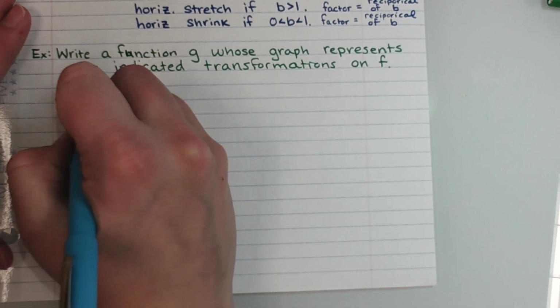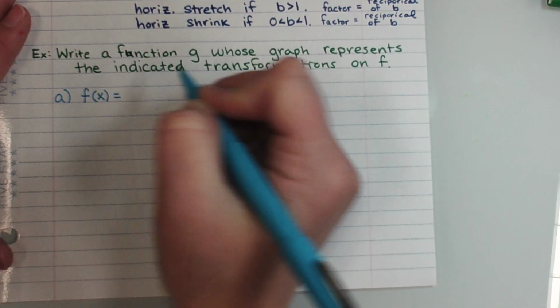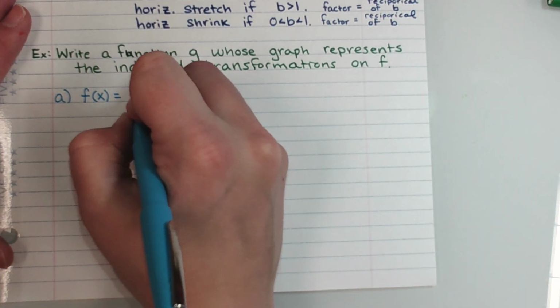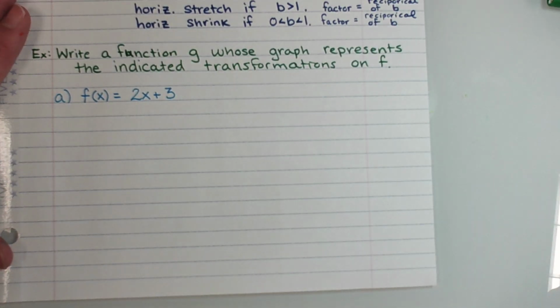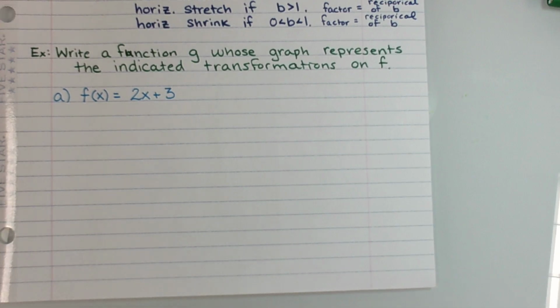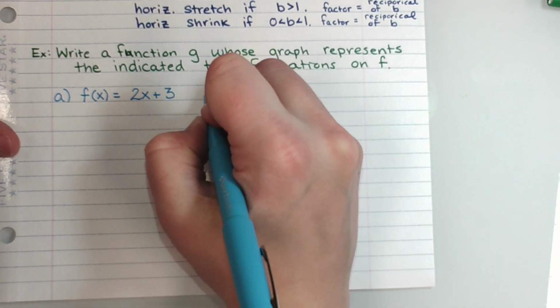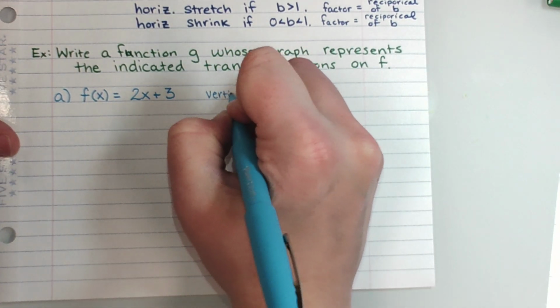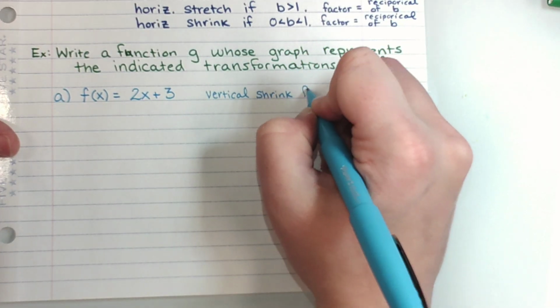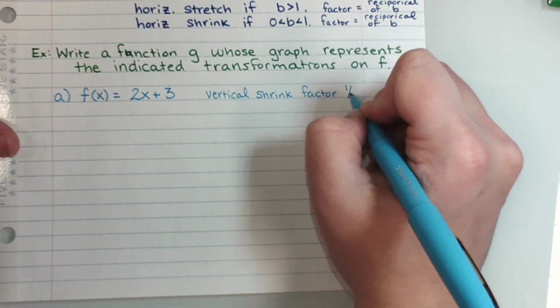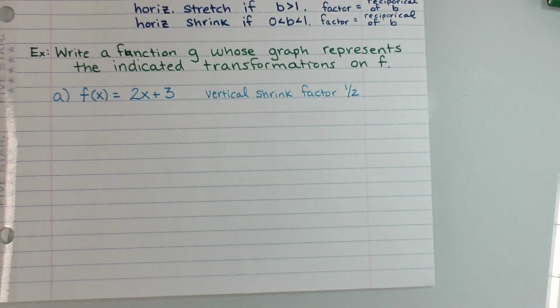From there, they're going to give you an f of x. And they're going to tell you what they want to happen to that function. Vertical shrink, factor of 1/2.